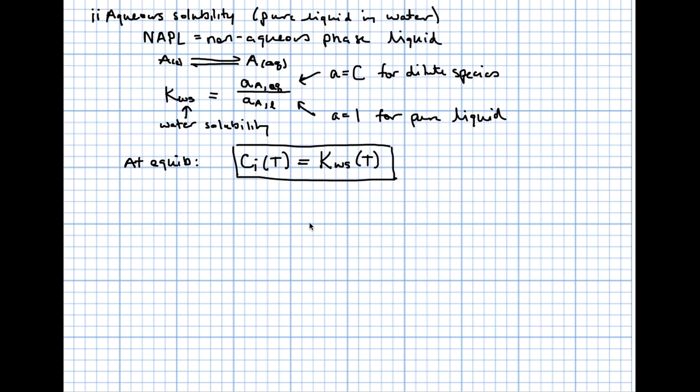So this condition only exists if that compound is also present as a pure liquid. So if a NAPL is present and is in contact with water and the system is at equilibrium, then the concentration of that compound in the aqueous phase will equal the water solubility.